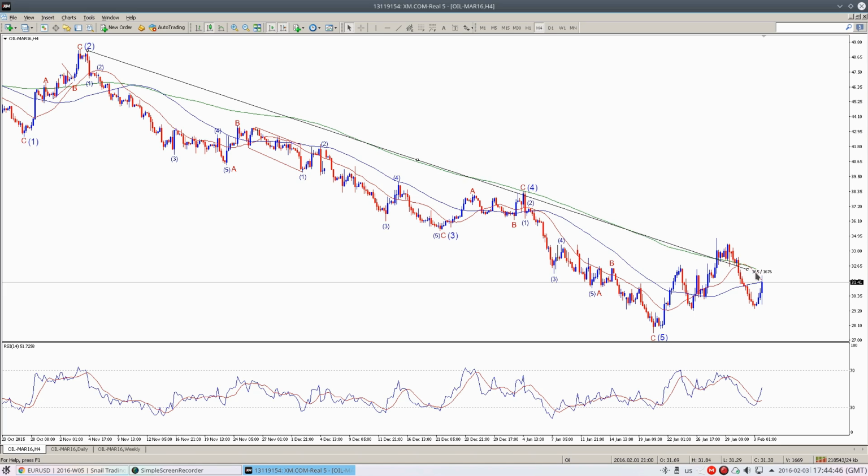And if I extend this trend line here, we can see how it now provides again resistance together with the SMAs that are all coming very near to each other, and that suggests that we will soon have a rebound here above these levels, and actually oil will say goodbye to this bear market.